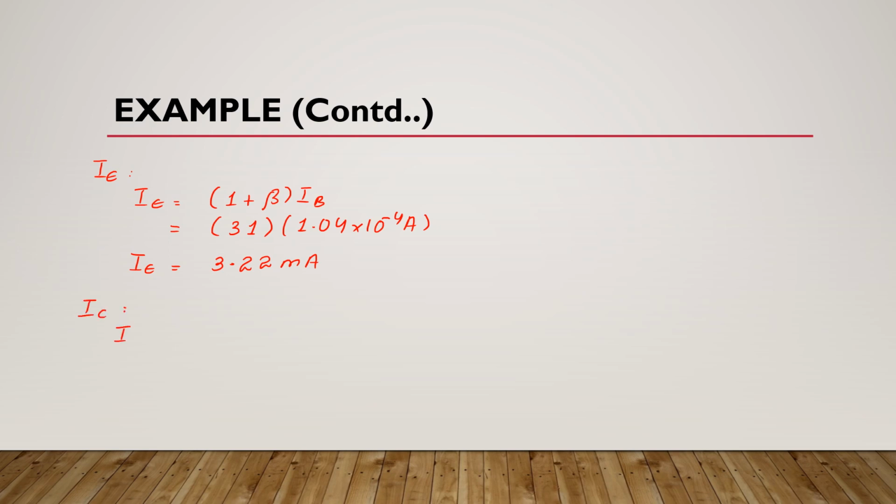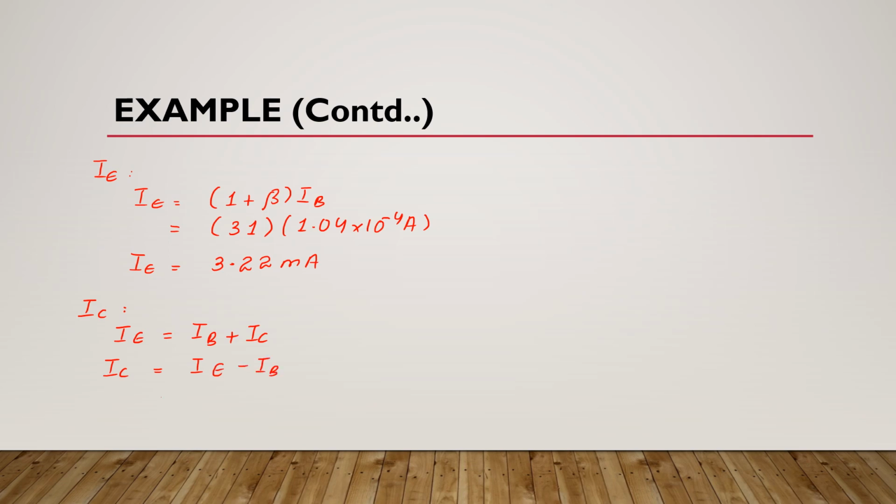Now we will find collector current IC. We know that IE is equal to IB plus IC. It means IC is equal to IE minus IB.